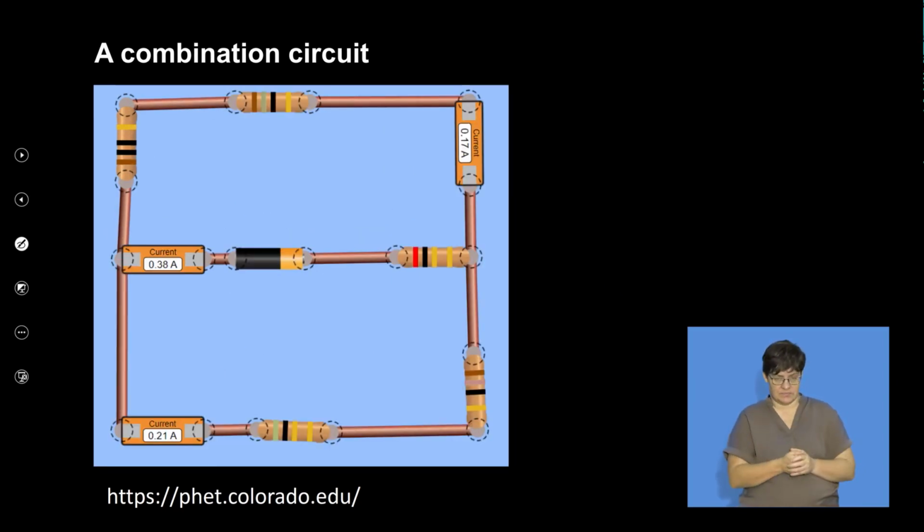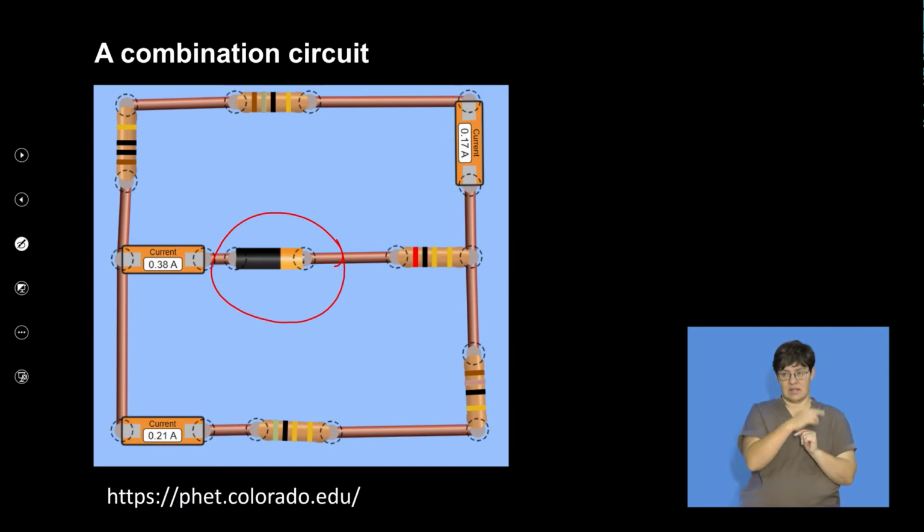Now, there are many different scenarios. In this case, just note the position of the battery. This is also a combination circuit. Why? Because this resistor is in series with that one, meaning that the current that passes through each one of them is 0.17, okay?